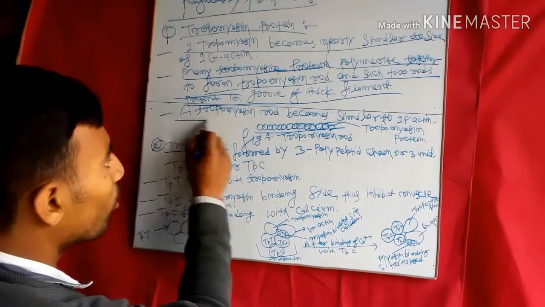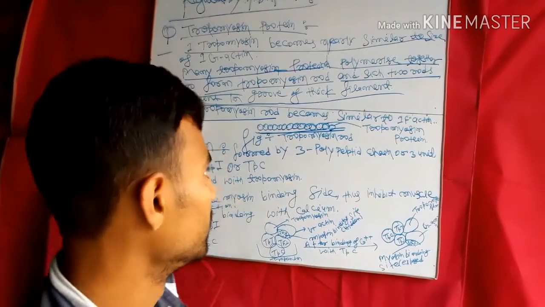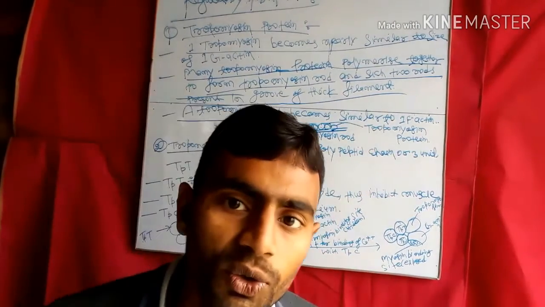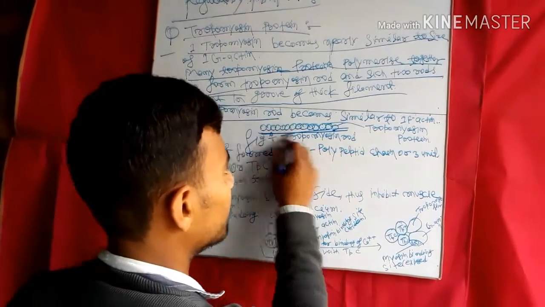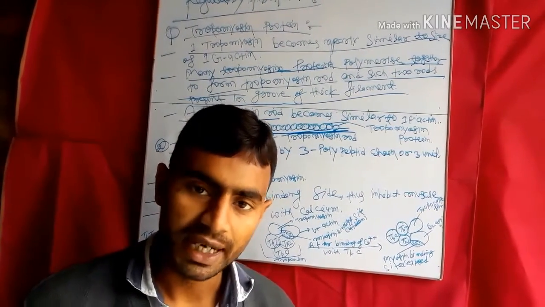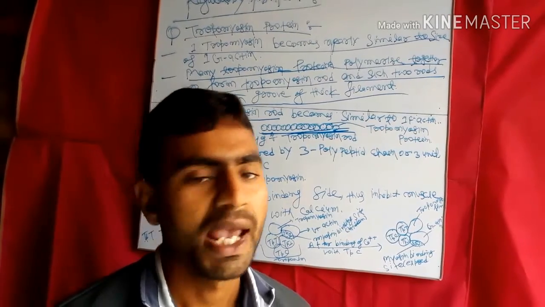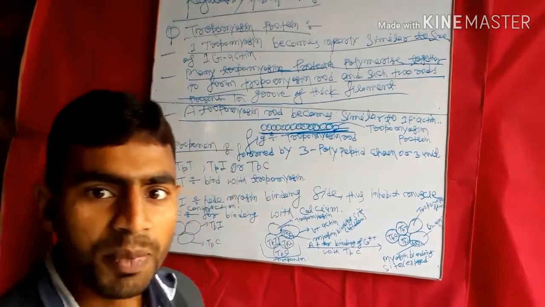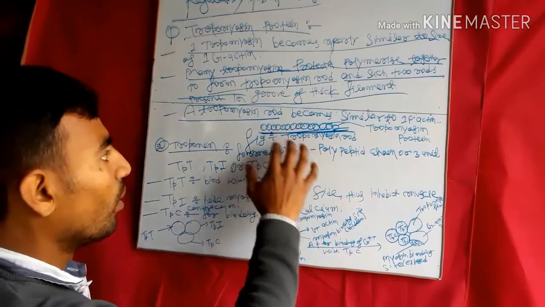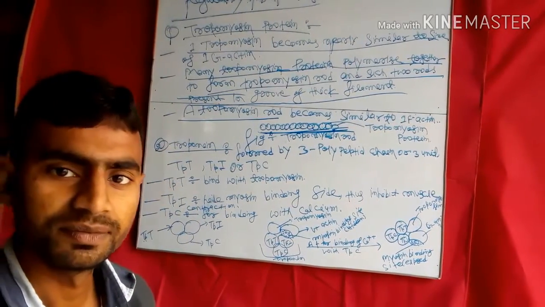This is one tropomyosin rod. One tropomyosin rod is similar to one filamentous actin, because the filament is also made by many globular proteins.